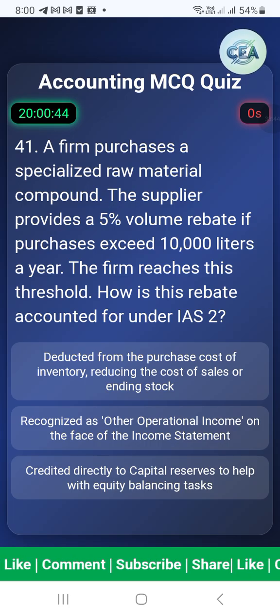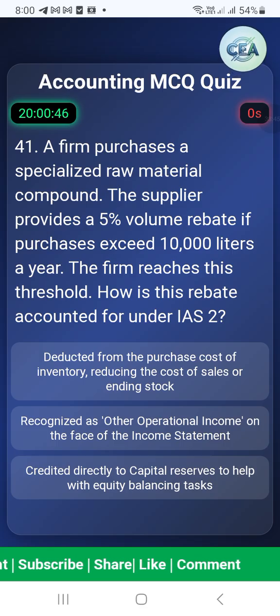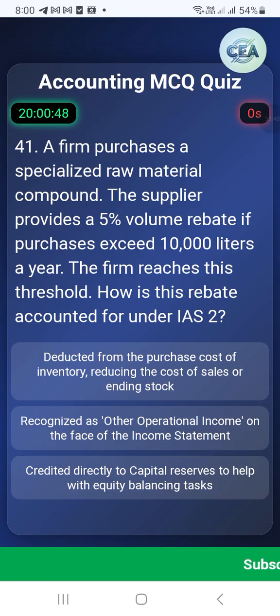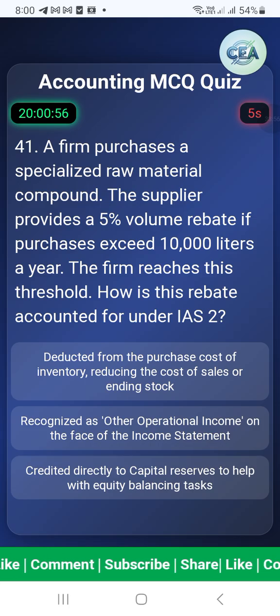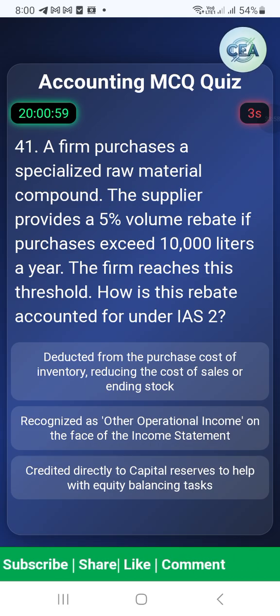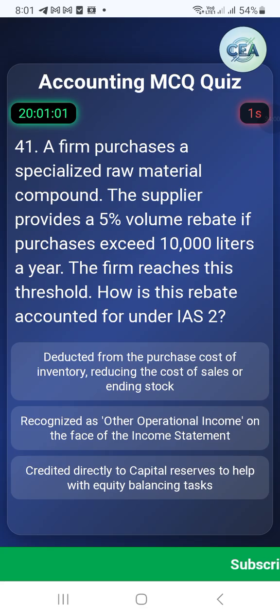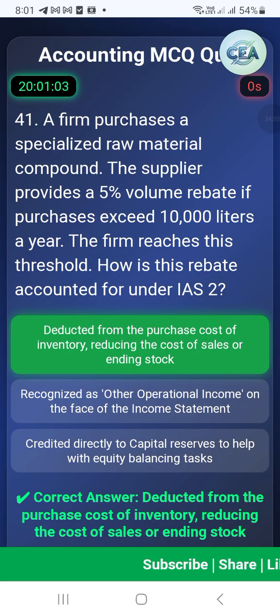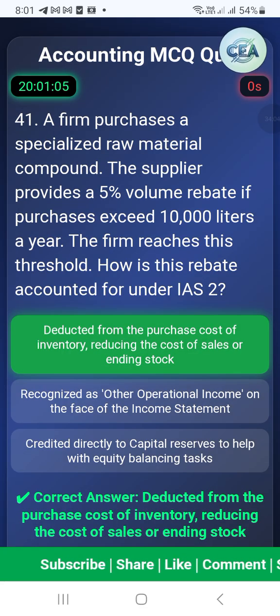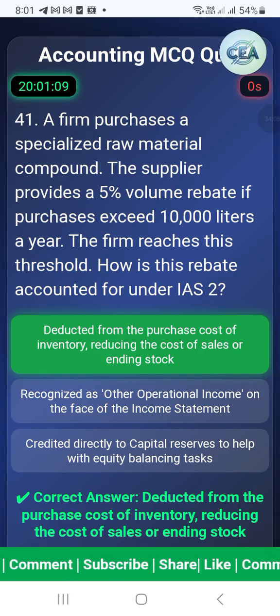Option 2. Recognized as other operational income on the face of the income statement. Option 3. Credited directly to capital reserves to help with equity balancing tasks. Correct answer is deducted from the purchase cost of inventory, reducing the cost of sales or ending stock.